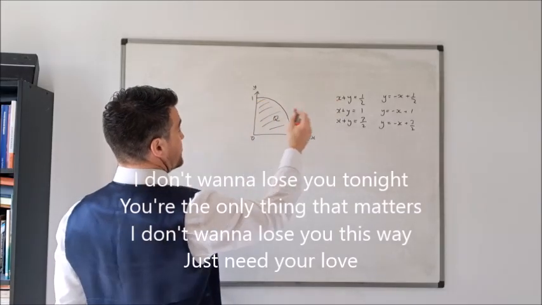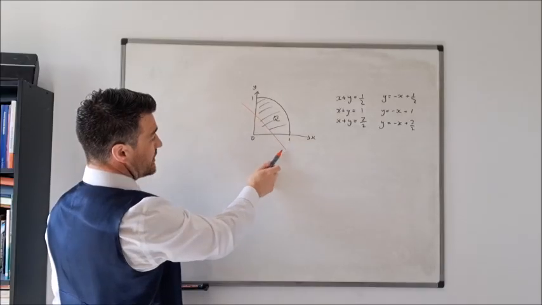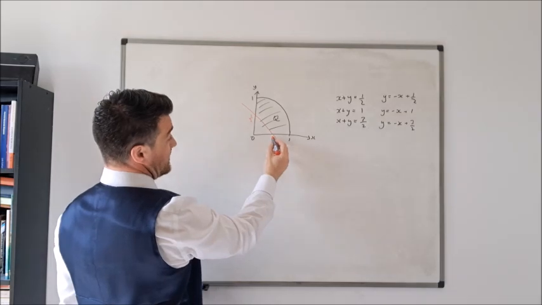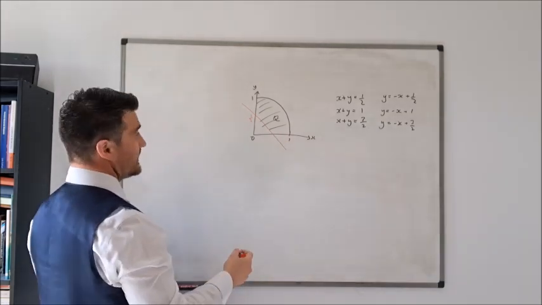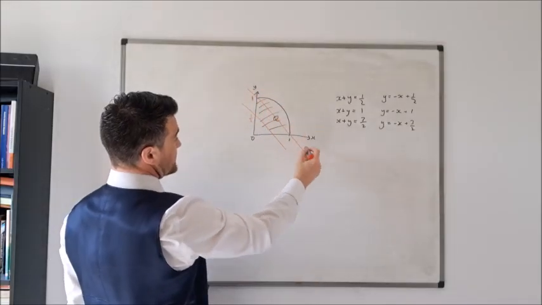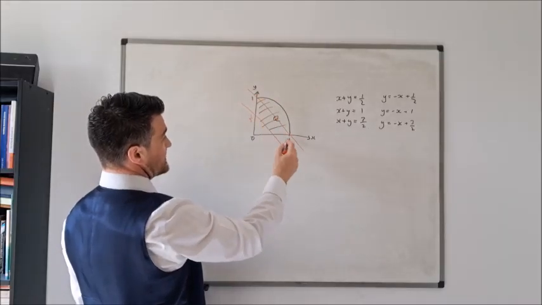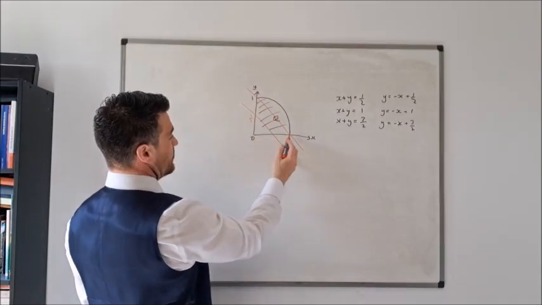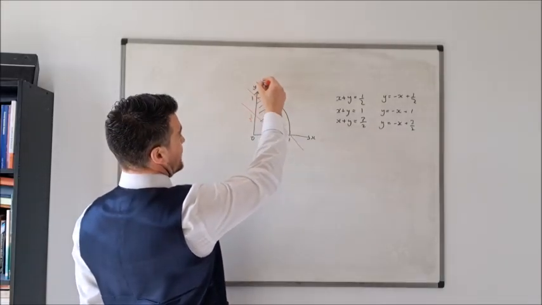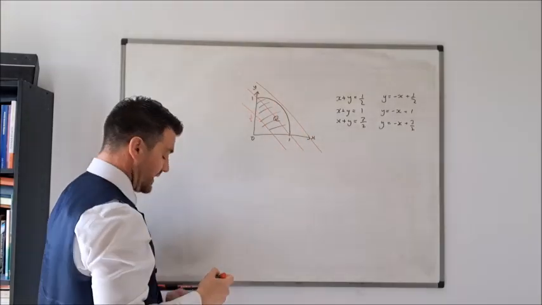The first one, hopefully you'll be able to see this, is just a straight line of gradient minus 1 through a half on the y-axis, and obviously through a half on the x-axis as well. x plus y equals 1 is a line of gradient, again, minus 1, so it's parallel to the one we've just drawn, but it goes through the point 0, 1 on the y-axis and the point 1, 0 on the x-axis. y equals minus x plus 3 halves has the same gradient, minus 1, and goes through 3 halves on the y-axis.